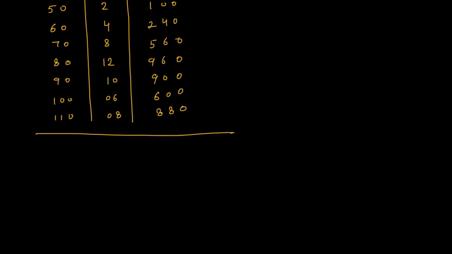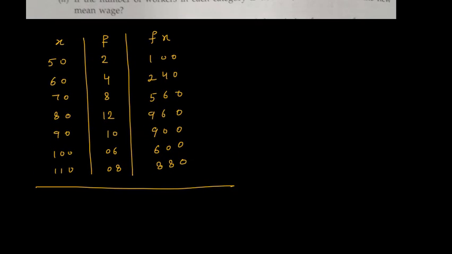Okay. Now here total, here 4 plus 2 6, have they mentioned? Nothing mentioned. Okay, 4 plus 2 6, 6 plus 8 14, 14 plus 2 16, 16 plus 6 22, 22 plus 8 30, 3 plus 1 4 plus 1 5. So this total is 50.